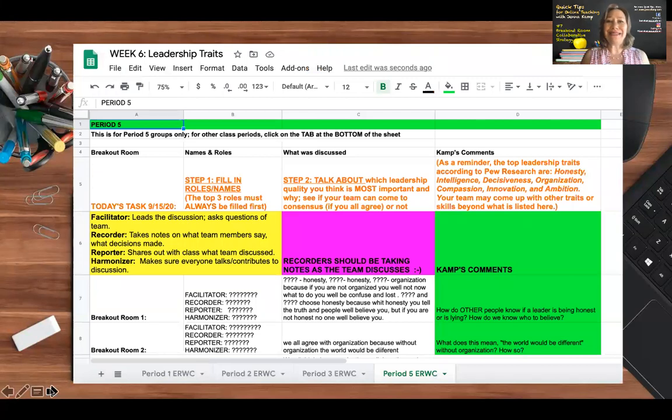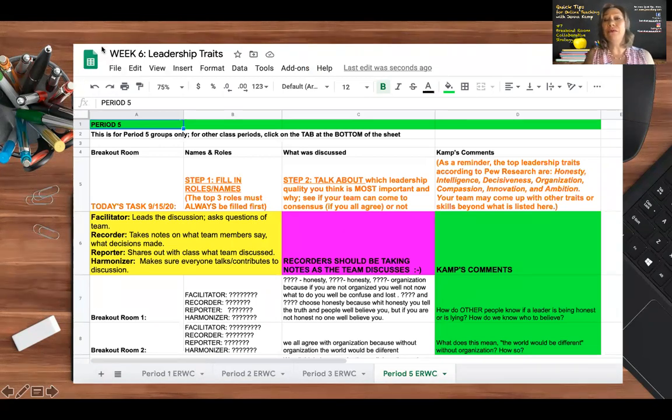So what I did to address this issue this year is to create a shared Google document that all my breakout room teams use and that I can see in real time as they're working on it. This is a screenshot of actually my period 5 class from this past week.